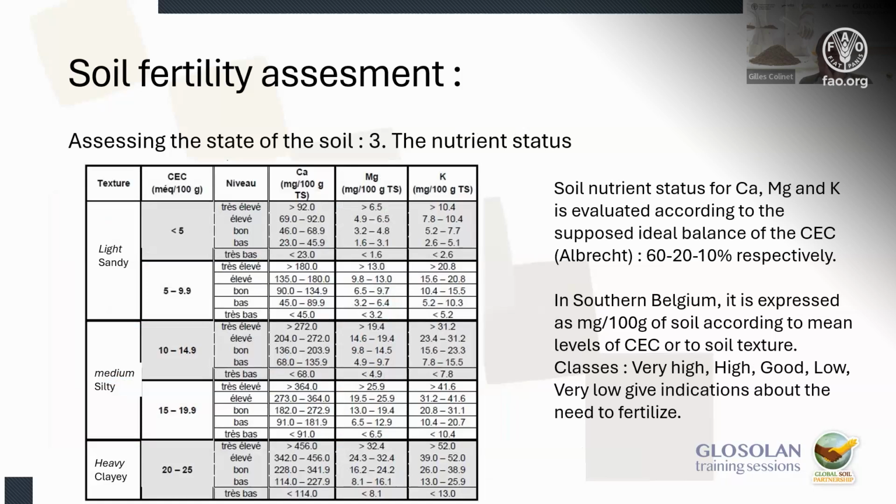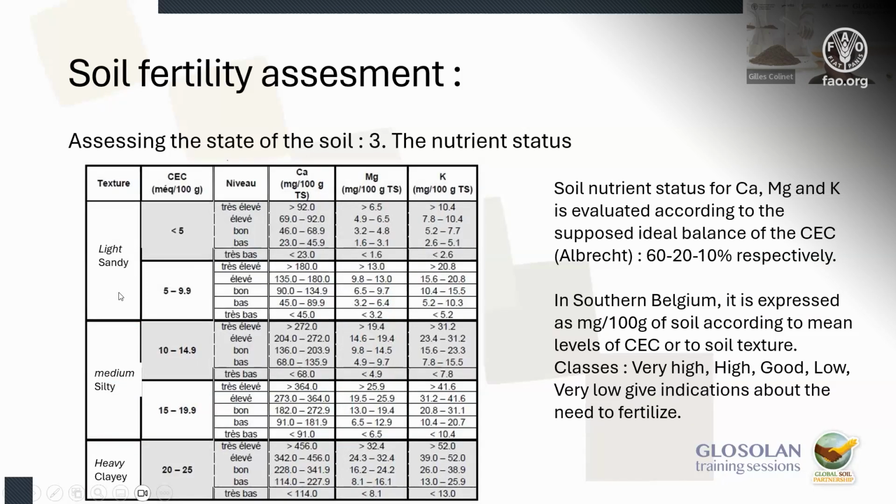Regarding the nutrient status, that's the table of classification that we have. Sorry, there is French in it, but globally in our system, we recognize either texture, such as sandy, silty, or clayey, or cationic exchange capacity.